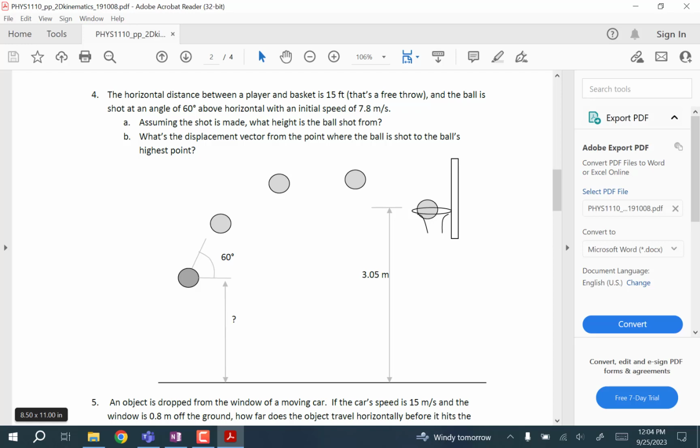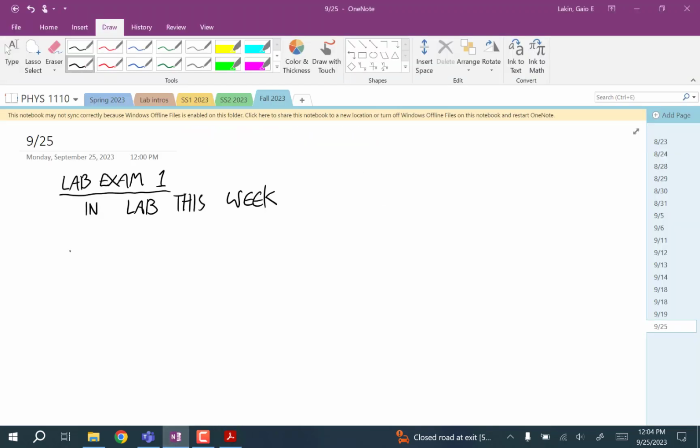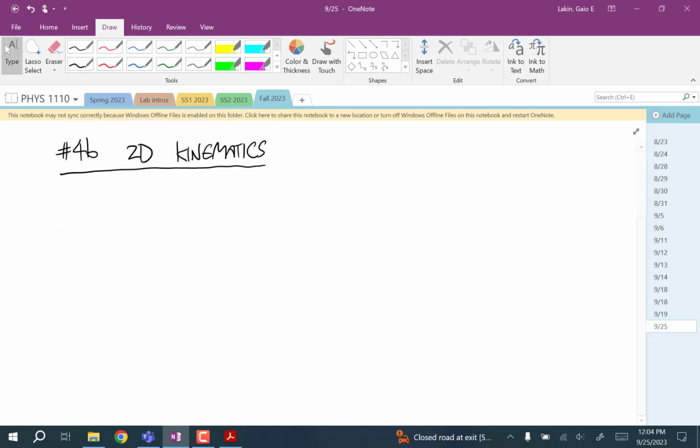And then it says, what's the displacement vector from the point where the ball is shot to the ball's highest point? Actually, you can do this problem and get the right answer, part B, without even knowing where it's shot from. But anyways, so let's do part B. Okay, so this ball is shot from a height of 1.86 meters.